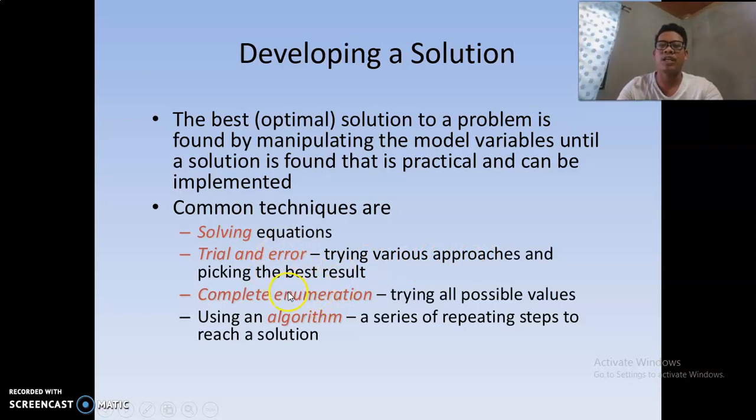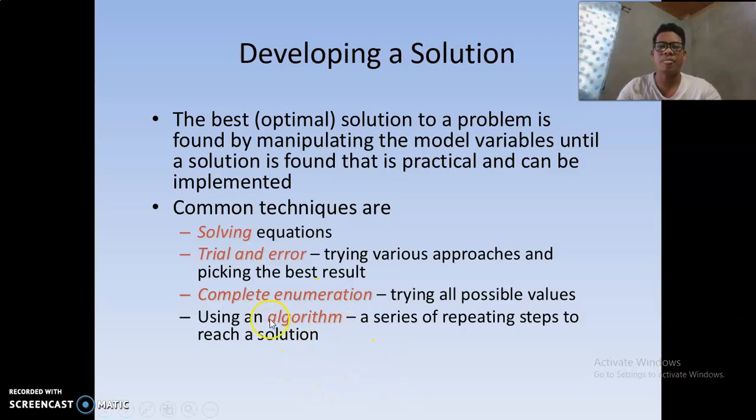For example, in forecasting, to determine which forecasting method is effective for a particular problem, we use all the different forecasting techniques and determine which gives the best result, or the smallest possible error.